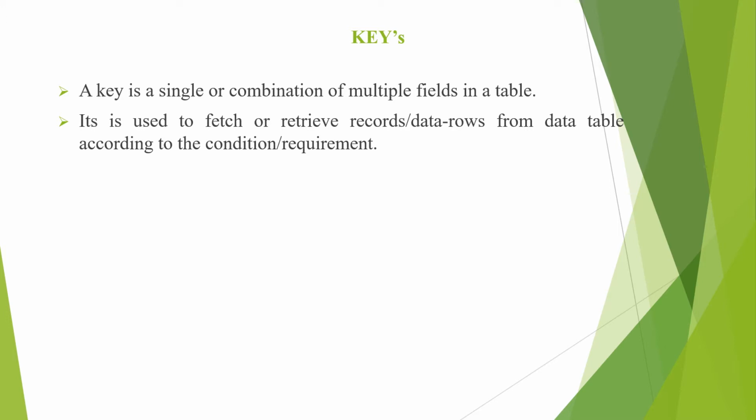So these are all some combination or multiples of fields in a table, where each and every row or tuple in a table can be identified, retrieved or fetched from the table according to some requirement specification. Or if you want to identify a particular row in a table, then we require a key or key concepts.